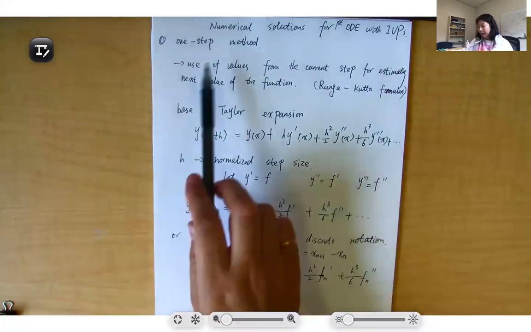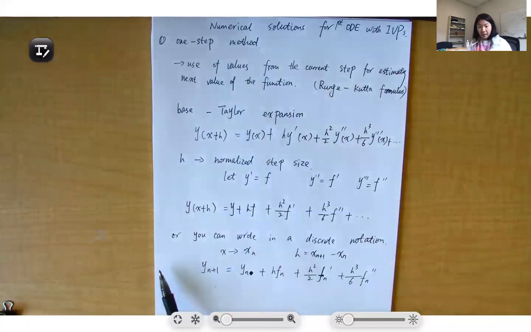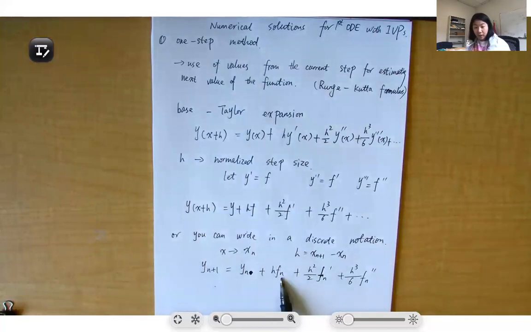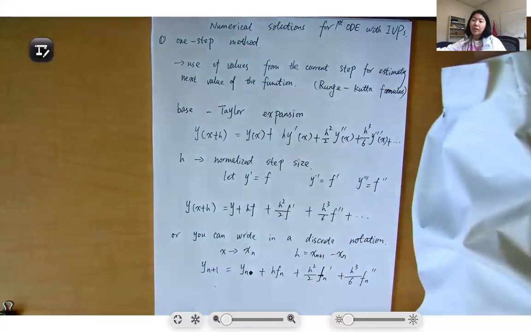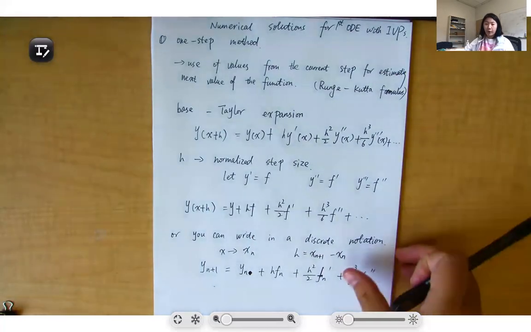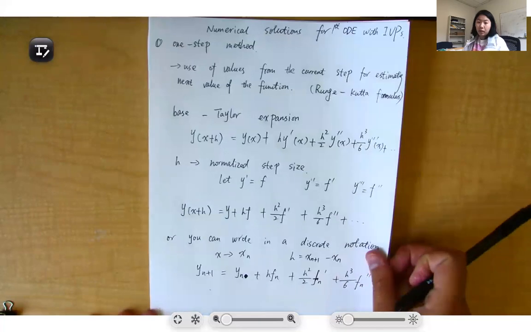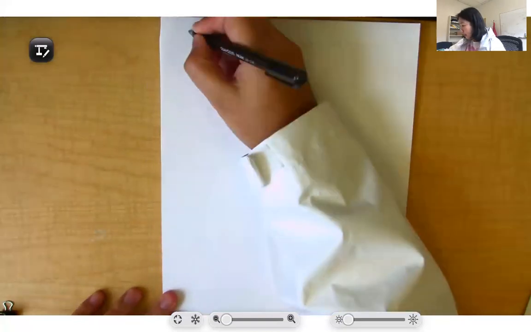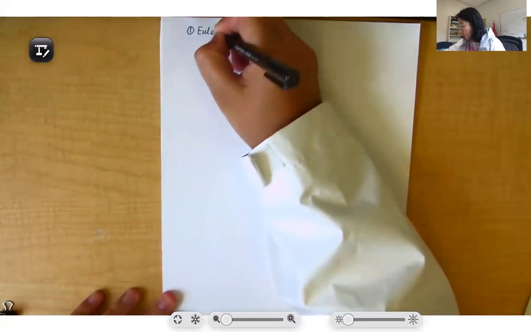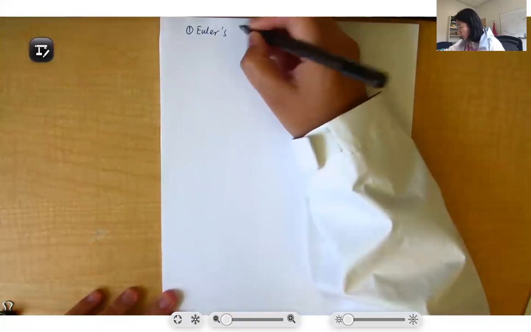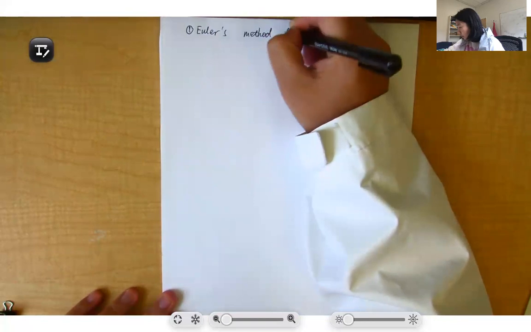And this one-step method is based on this form, and depending on how many terms we keep or how many terms we truncate, we will generate different methods such as Euler's method or modified Euler's method, etc. So first we will start with Euler's method, which is the simplest one-step numerical solution for first order ODEs. Euler's method for first order ODE.